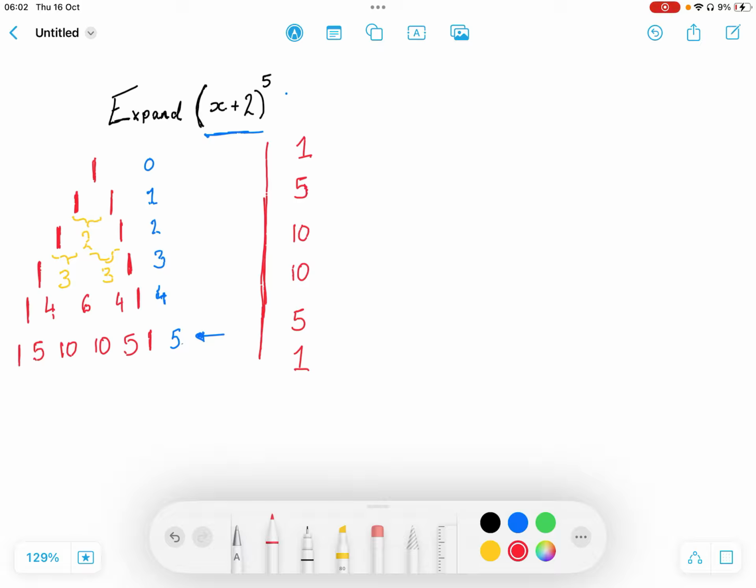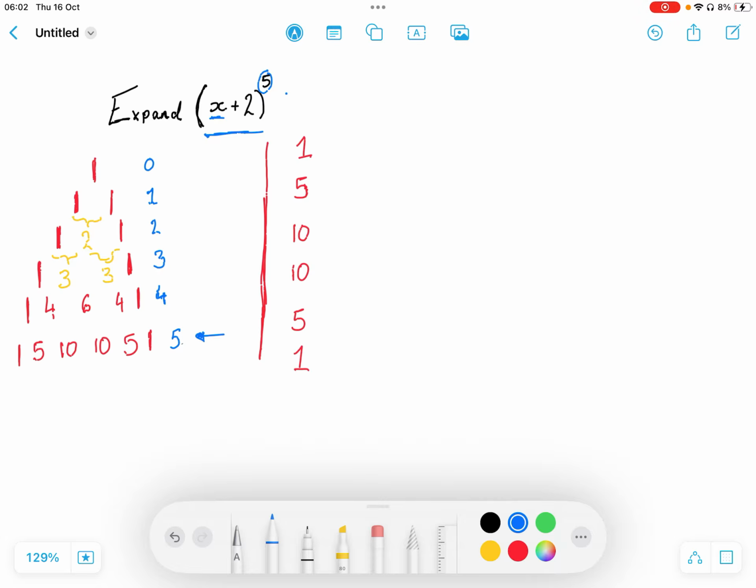So, what this means is that our first letter variable in our bracket, in this case x, goes in descending powers from 5. If it's the power of 4, it's descending powers of 4. If it's descending powers of 3, descending power of 3, and so on and so forth. What that means is, this is going to be 1 lot of x to the power of 5.